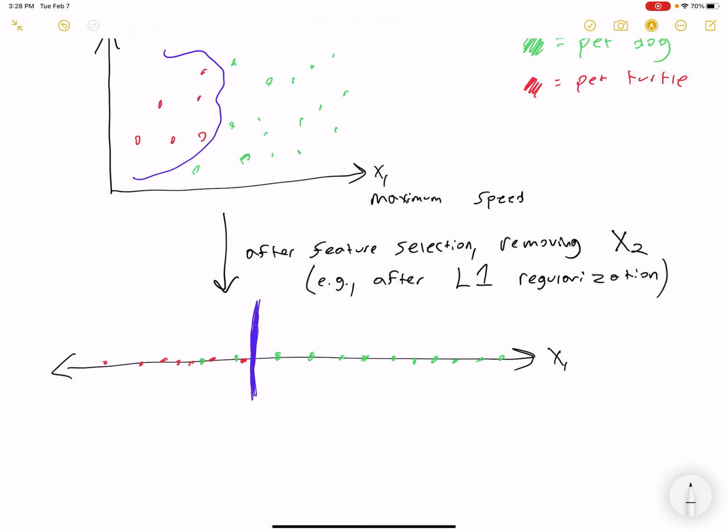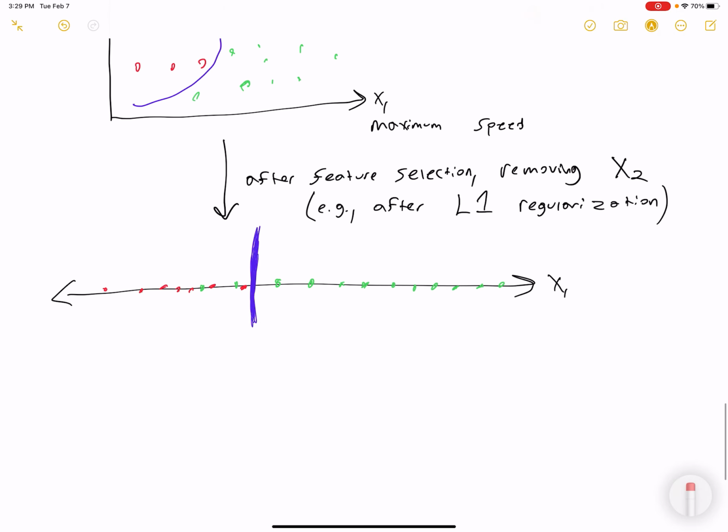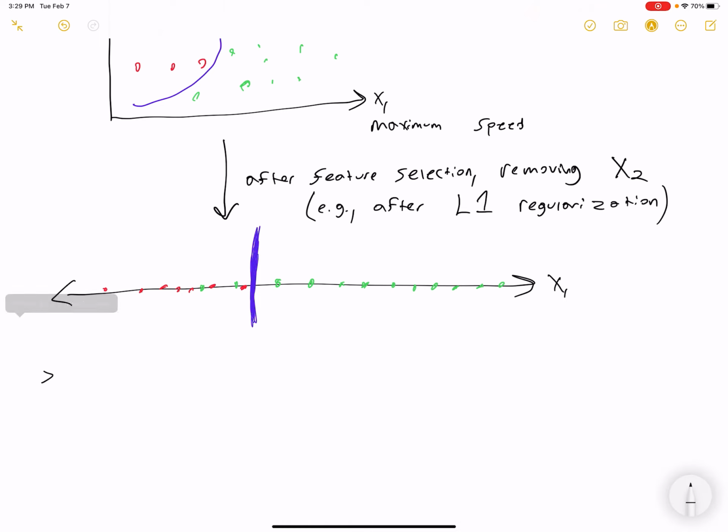And whereas in L2, so let's draw a smaller weights example.